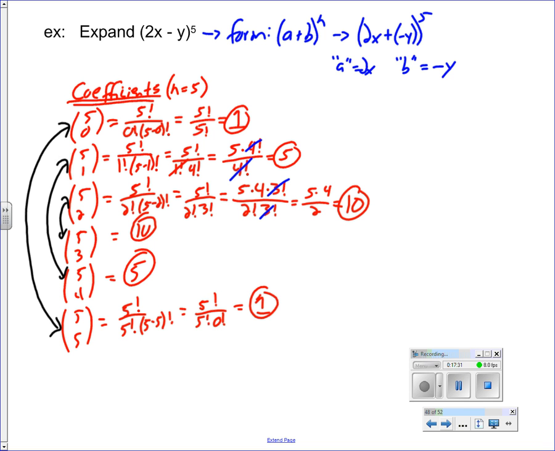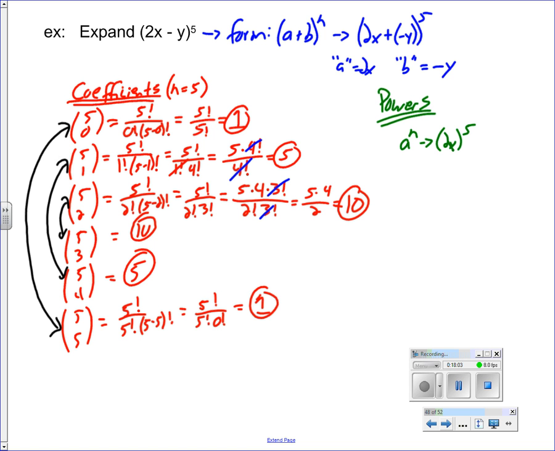So now we have our coefficients. The next thing is to figure out the powers. So our first term would have a to the n. So here that's going to be 2x to the 5th. And every term after that, we're going to take the powers of a down by 1 and increase the powers of b.